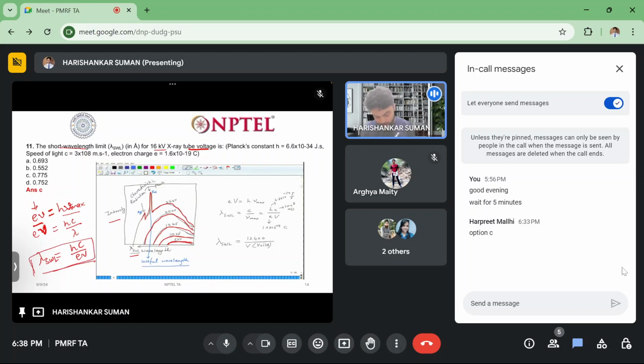So this is the formula, and if we put in the Planck constant, speed of light and electronic charge, we will get 12400 divided by V, if we apply V in volts. Please put the value 12400 and 16 kV, that is 10 to the power 3.